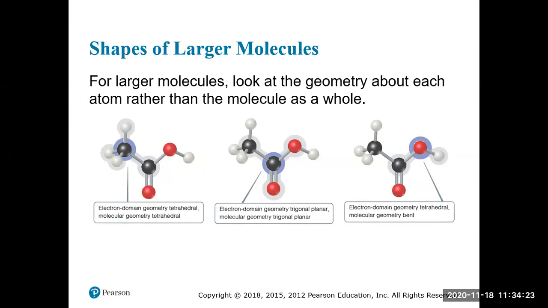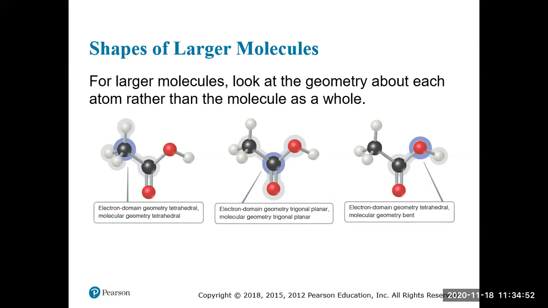So in this example here, the black balls are carbon, the white ones are hydrogen, and the red ones are oxygen. Starting from the left, we have a CH3 group bonded to a carbon. So we have 4 electron domains.